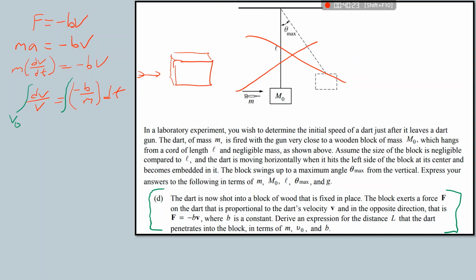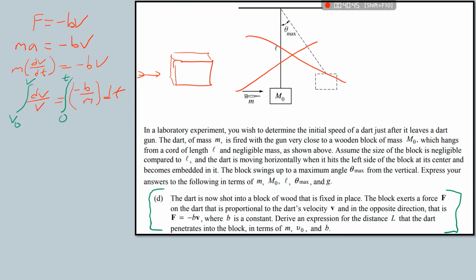Okay, then when we finish, we'll end up with some velocity. So I'm going to go from starting velocity to ending velocity. My time is going to start at 0 and go to time.